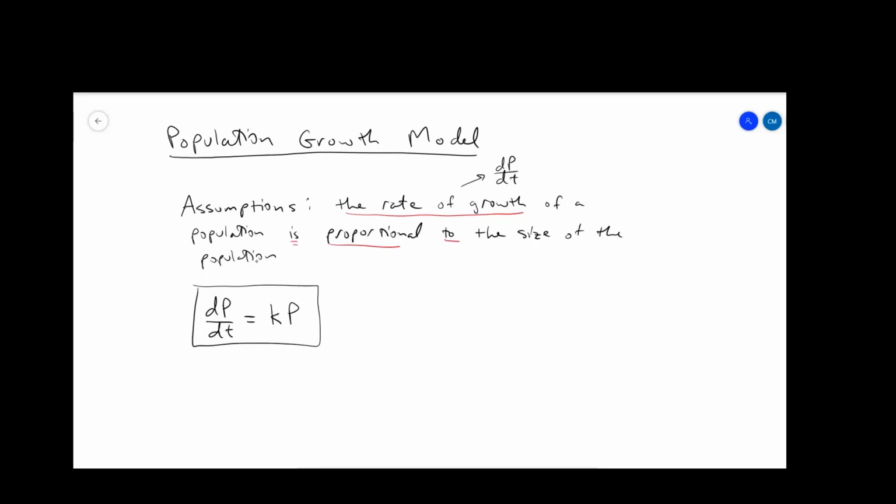Okay, and what is that saying? It's saying that the derivative of P with respect to time is proportional to P. k, again, is the constant of proportionality. Like I was saying, if you think back to your intermediate algebra class or your college algebra class, I can't remember which one they actually talk about that in, there was a section in there about proportionality, and they would do questions like this, but without rate of growth.